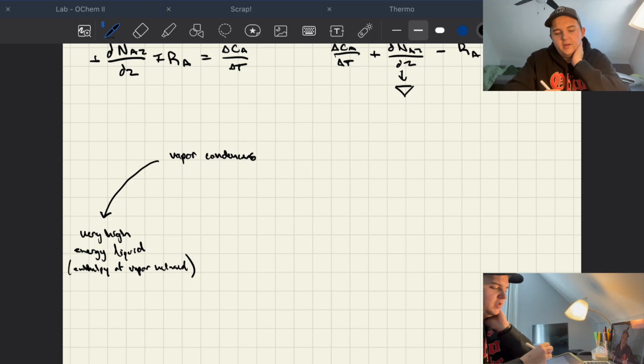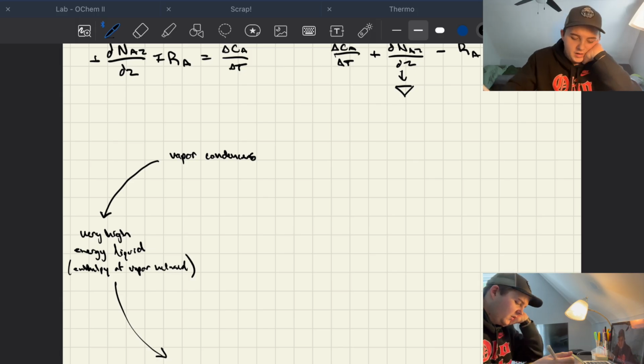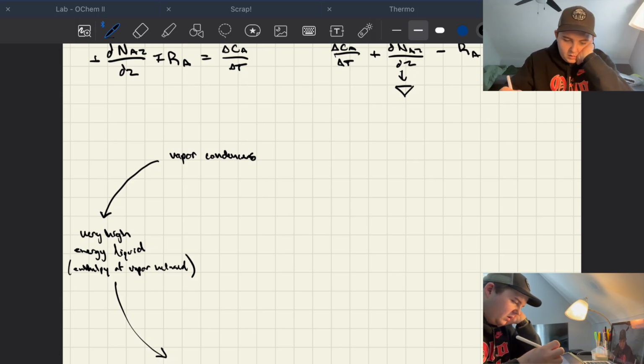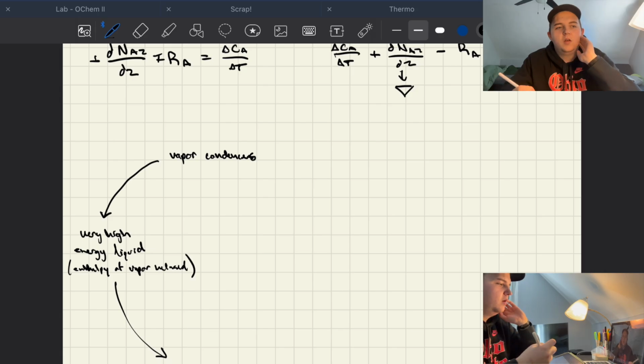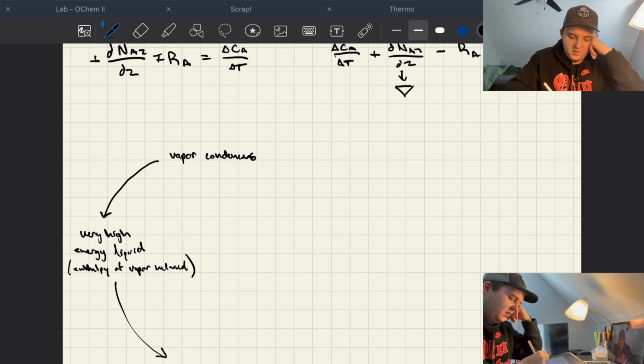So as vapor condenses, we get a really high energy liquid. And this very high energy liquid causes it to want to change its state again to be a vapor. As more and more accumulates, it's going to want to vaporize. So we're going to have down here our liquid vaporizing.